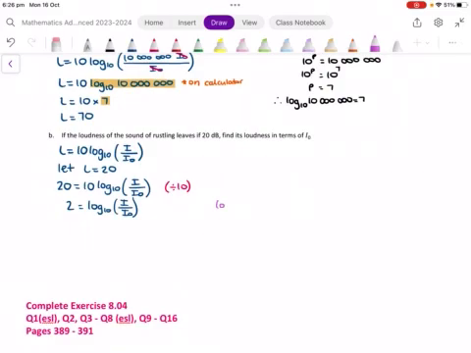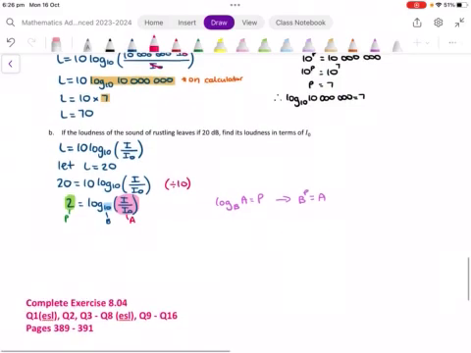Now we want to use our log BAP here and convert it to an exponential. So we have our base is 10, our power is going to be 2, and our answer is I over I0.